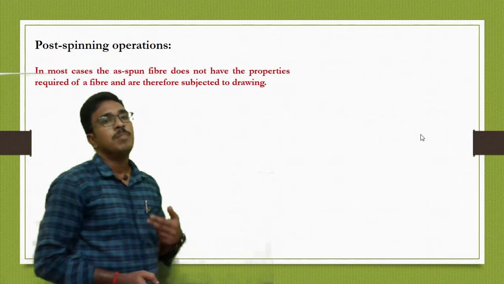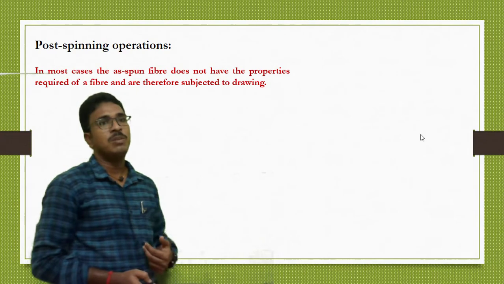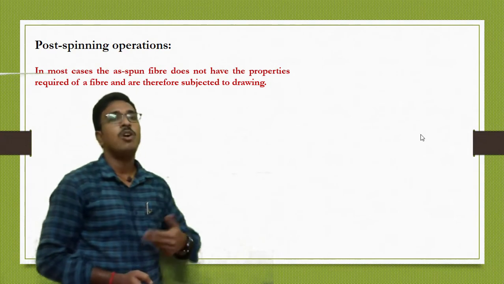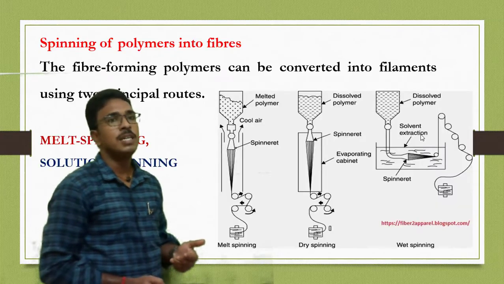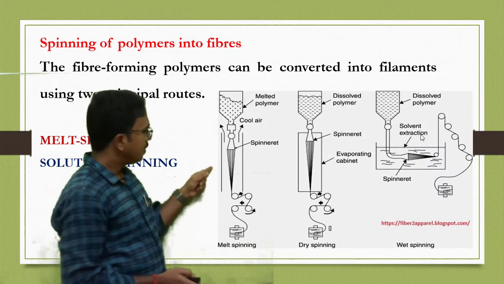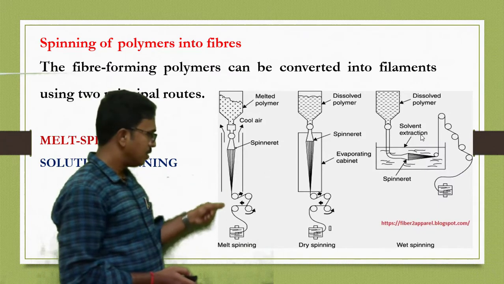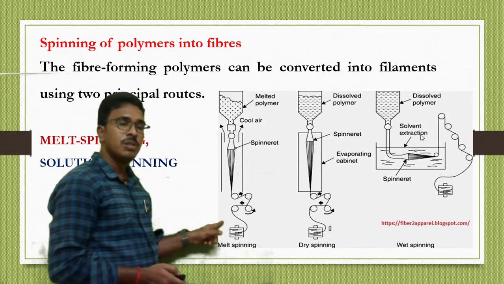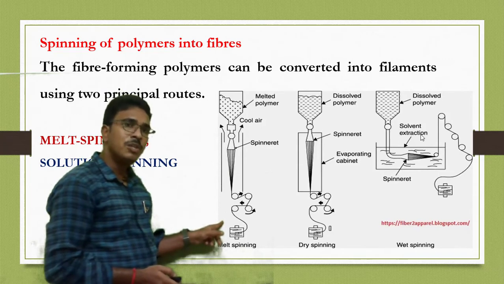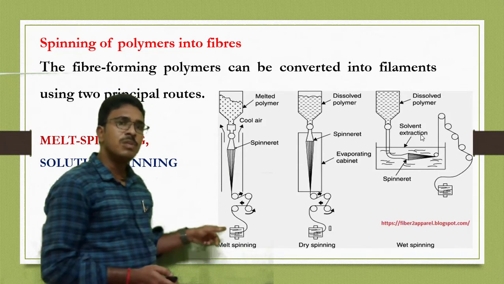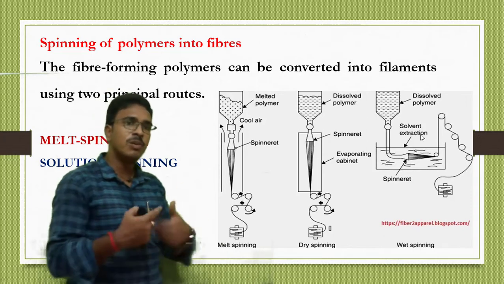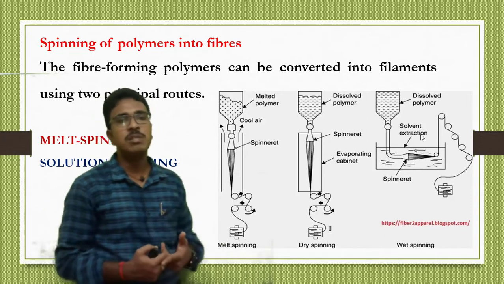Coming to the post-spinning operations. Here you can see the filament is produced. Now, do you think it is possible to take the filament directly and wind it onto your bobbins? No, obviously not. Why?